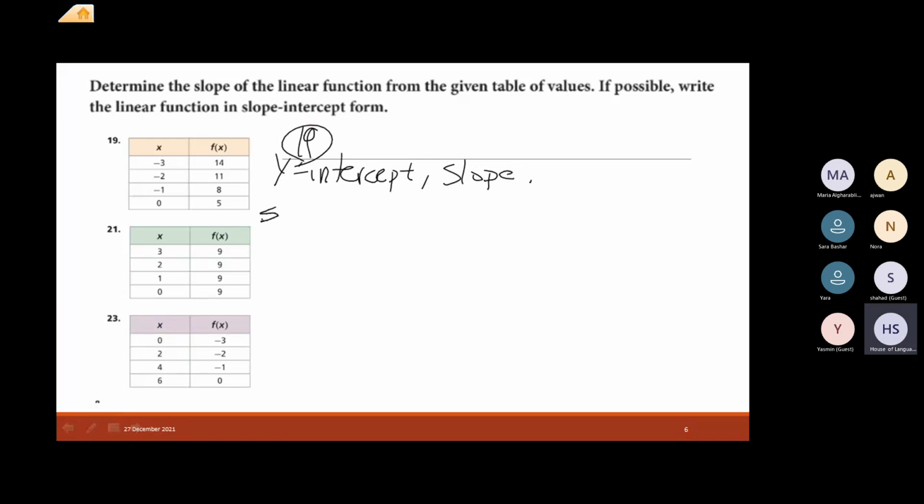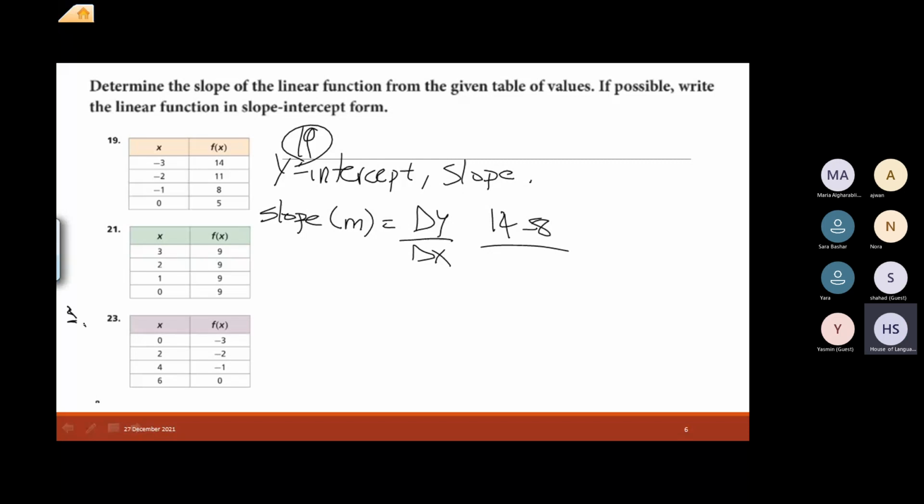So the slope, or as I told you before, m, is delta y over delta x. Where is the y? 14 and 8. So it is 14 minus 8 over, where is the x? Where is the corresponding value of x that's related to 14?